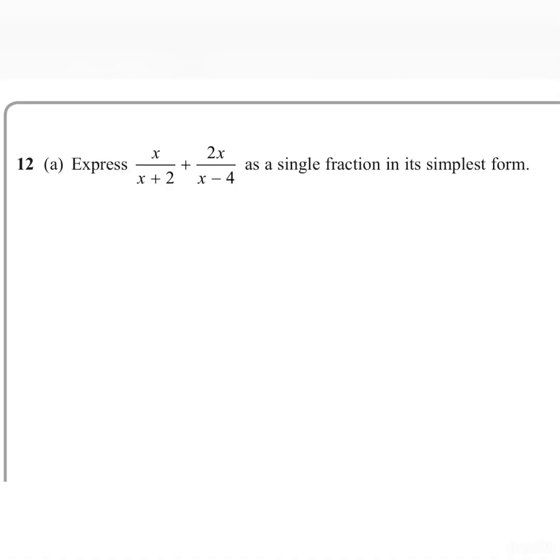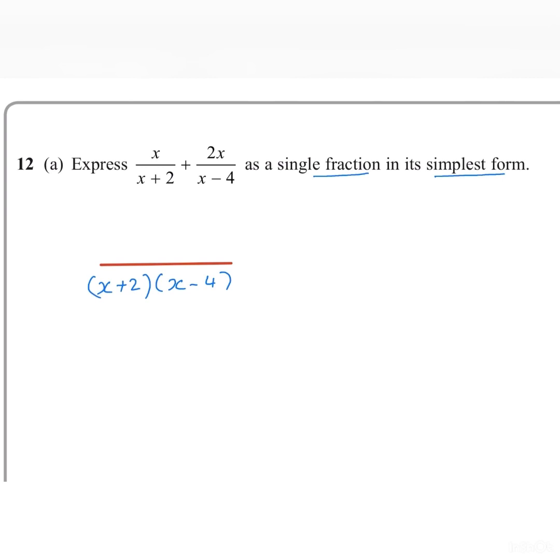Okay, question number 12 gives us two algebraic fractions, and it says write as a single fraction in its simplest form. So I'm going to start with a lowest common denominator, which is going to be x plus 2 and x minus 4.